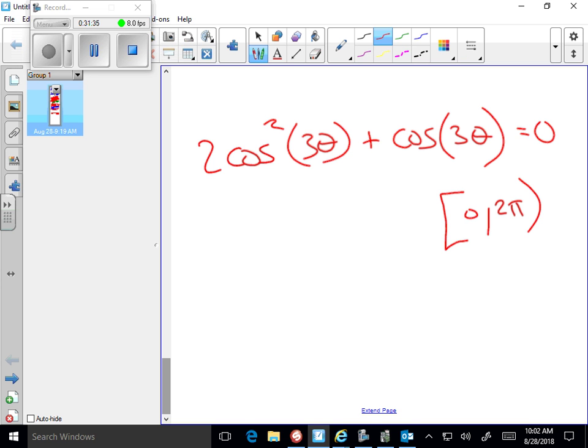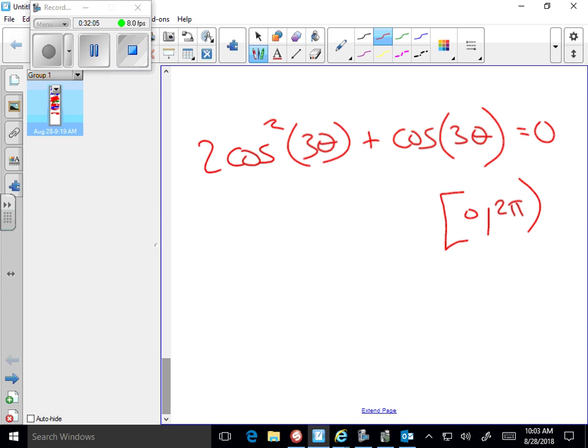I'm going to sit down because I'm going to try and make sense of what I'm looking at. What am I looking at? These are the first two solutions. But if I go around from this one once, I'm not at pi over 6. You didn't add 2 pi to each of these.